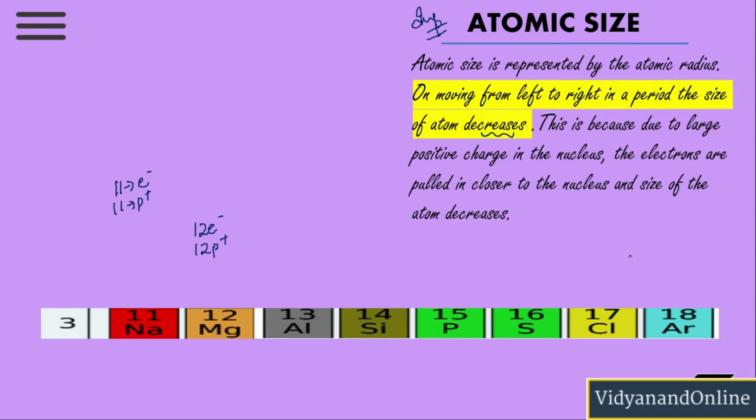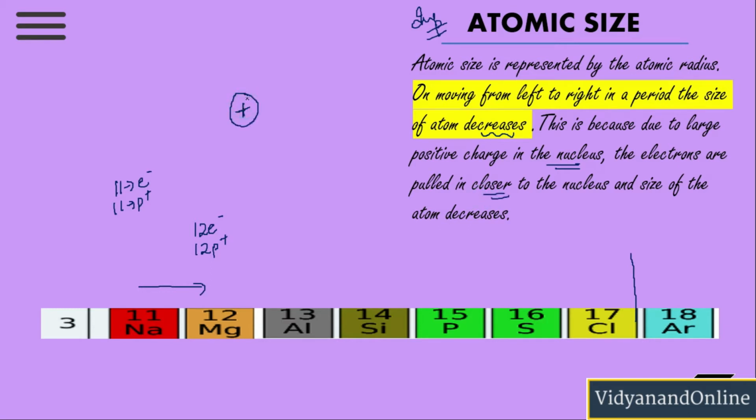So if I consider up to the halogen group, which is chlorine, what will happen is, as you move from left to right, the positive charge in the nucleus increases and the electrons are pulled in closer. So what do we mean by that?